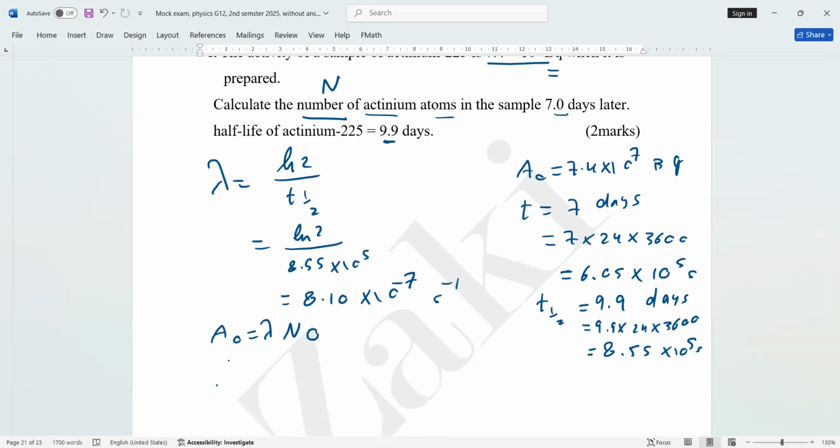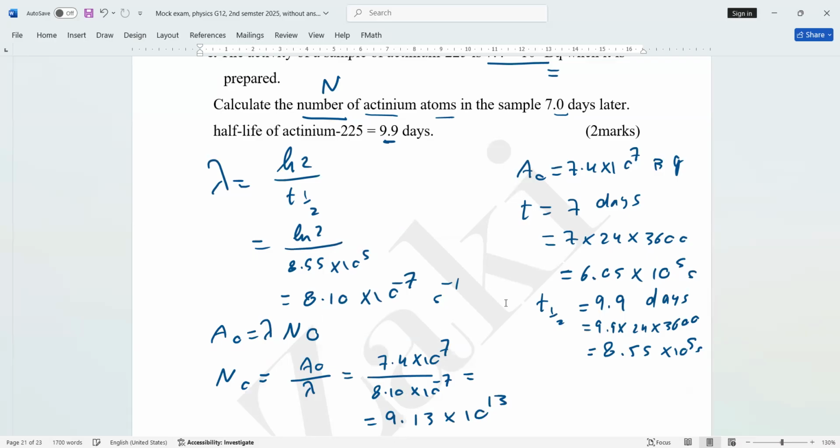So N naught equals A naught divided by lambda. A naught is given 7.4 times 10 power 7 divided by lambda 8.10 times 10 power negative 7. The answer is 9.13 multiply 10 power 13.